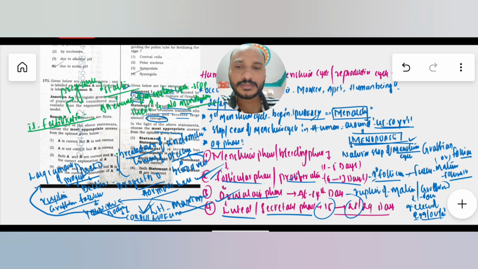Why? Because this corpus luteum produces a large amount of progesterone, and this progesterone maintains the pregnancy. When there is a large amount of progesterone, no shedding or breaking of the endometrium occurs.